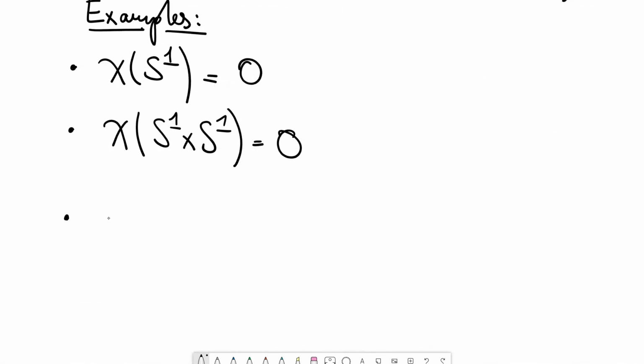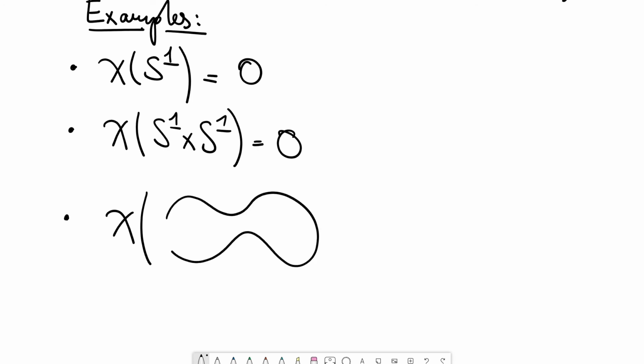If you have, let's say, a surface of genus 2, then of course you could look at the CW structure that we introduced for any surface of arbitrary genus. But let's play around with the additivity.